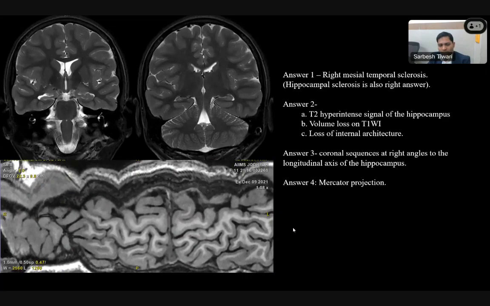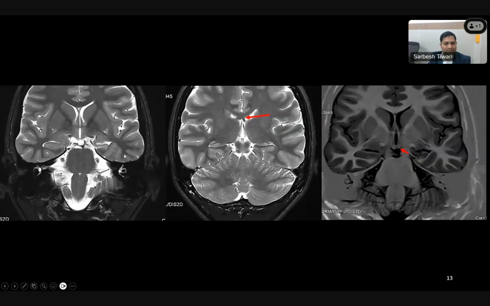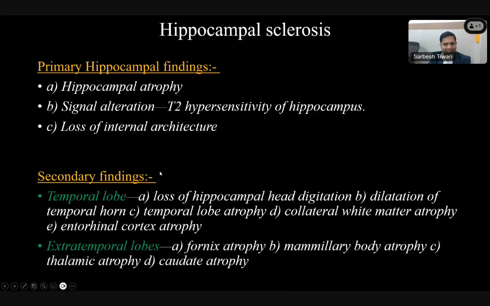So when you plan the oblique coronal sequence, this is how the oblique. Let me go to the secondary findings. We have answered the primary findings.